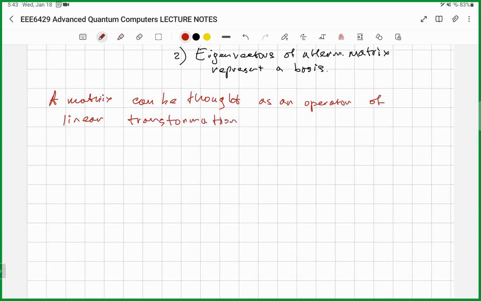This is always true; any matrix can actually be thought of as an operator. This is a new word here, operator.